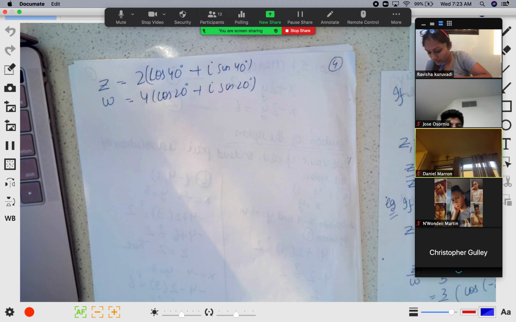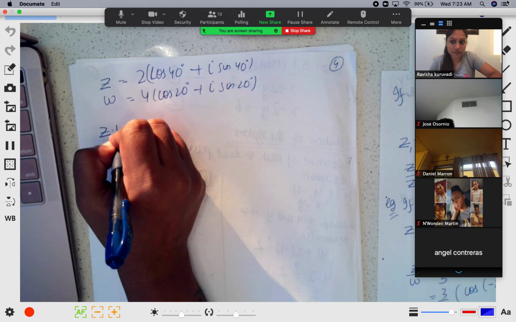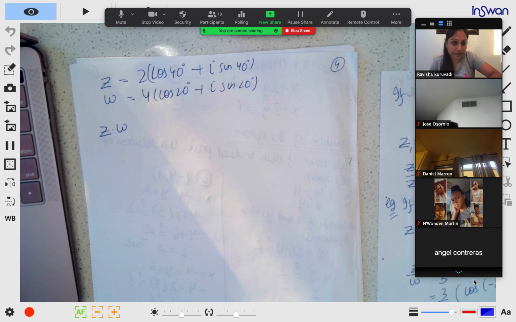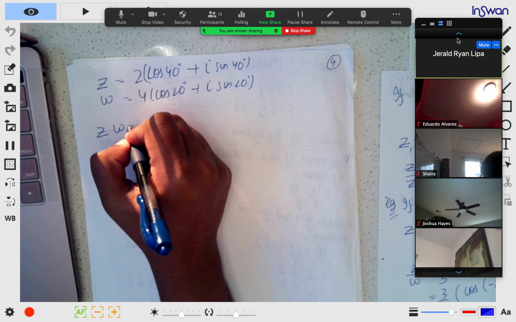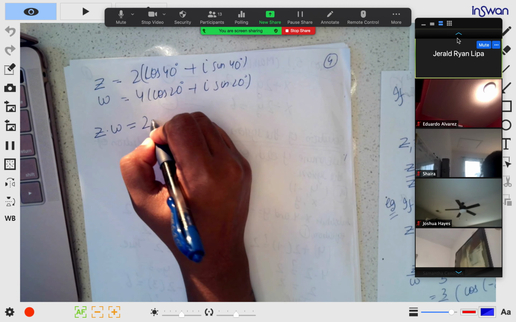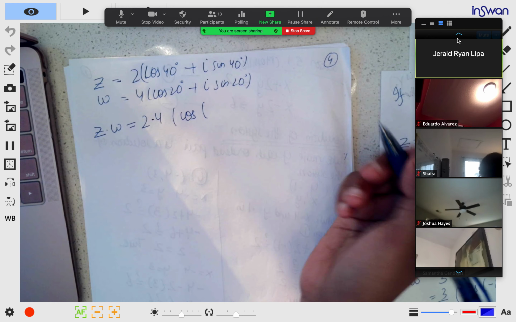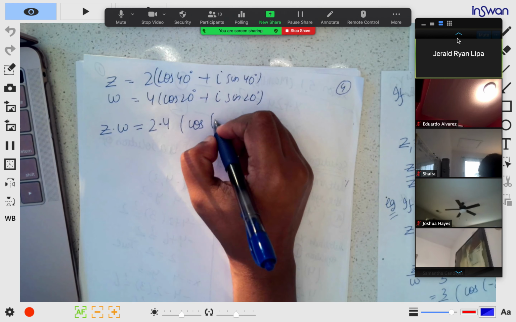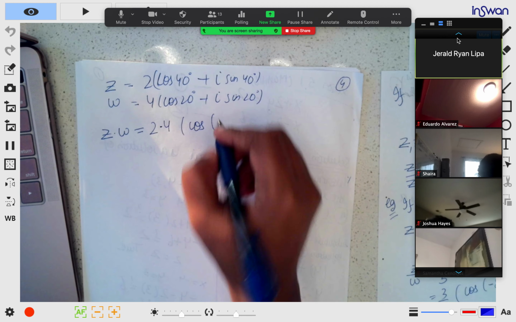Gerald? So we multiply this one, correct? Yes, multiplying. Okay, so that would be z times w is equal to 2 times 4, parentheses cosine 40 plus 20, I'm sorry. Yes.